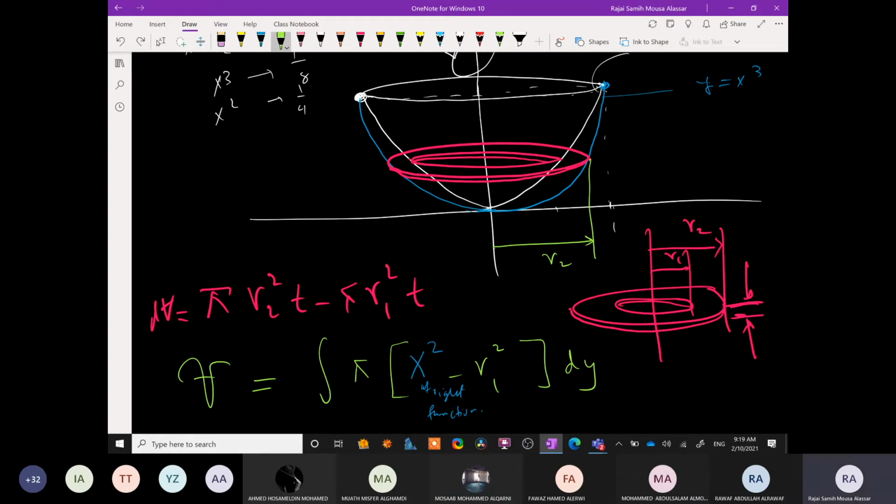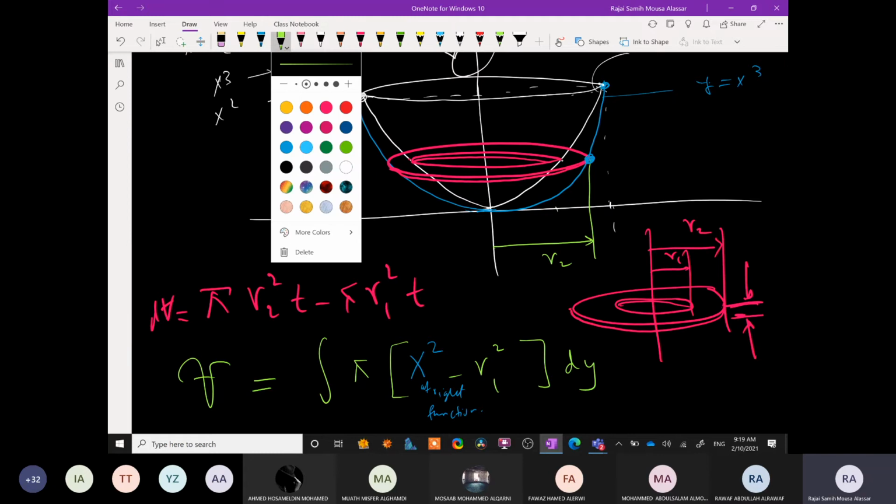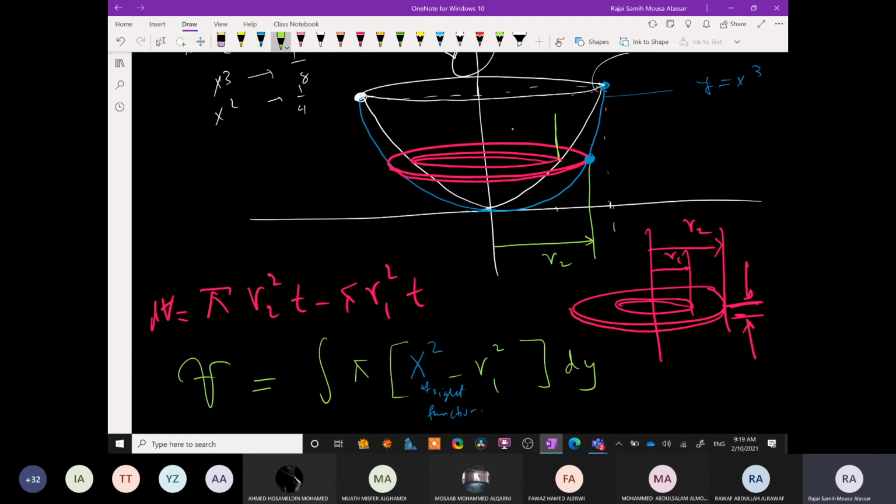Okay, so now the right function, the radius is just what? It is x of this blue function. Now let's look at R2. So what is R2? Look here. This is R2. This is R1, sorry. What is R1? It is x of the left function. Exactly, x of the left function.